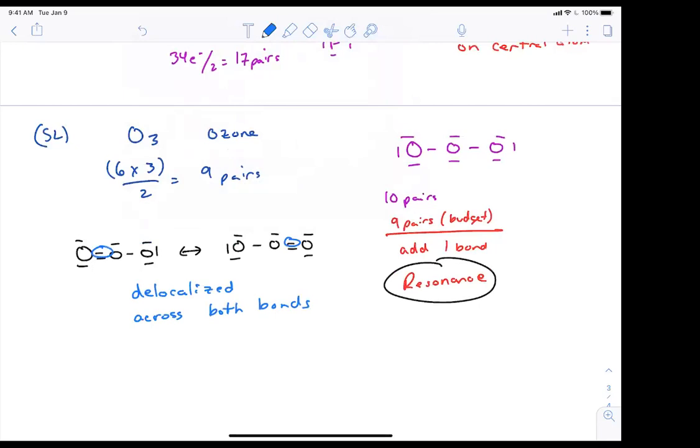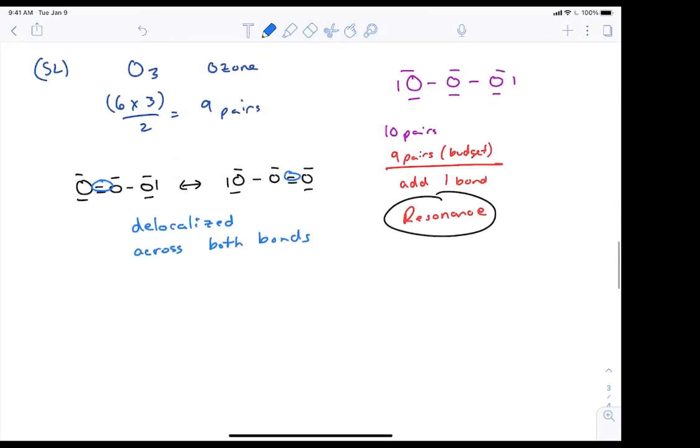Which means effectively the bond order, which is essentially the relative bond strength, is there are 3 bonds per 2 links between oxygens. So effectively, the bond order is 1.5. So that oxygen-oxygen bond is effectively 1.5 oxygen bonds between each oxygen.